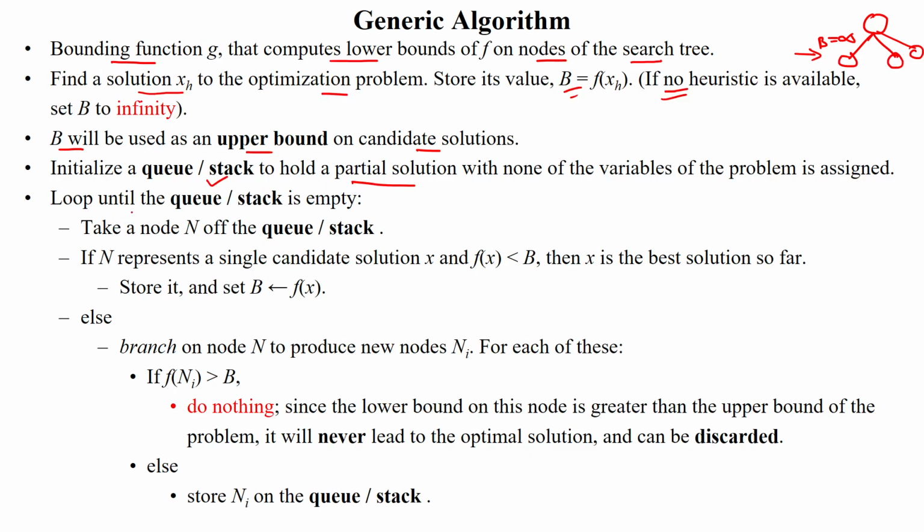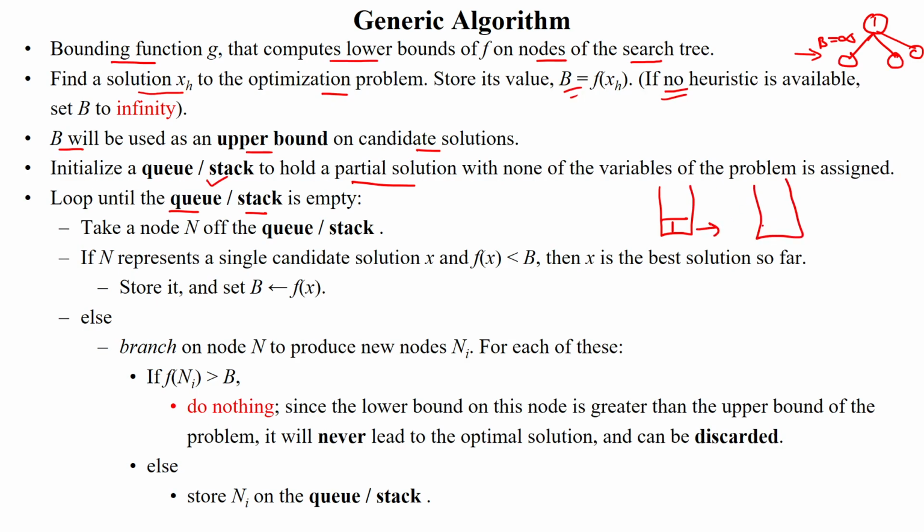Here we have to check the queue or stack until it becomes empty. We keep taking nodes. Suppose I have a stack, in this stack I will initially insert the starting vertex, then I will explore it.